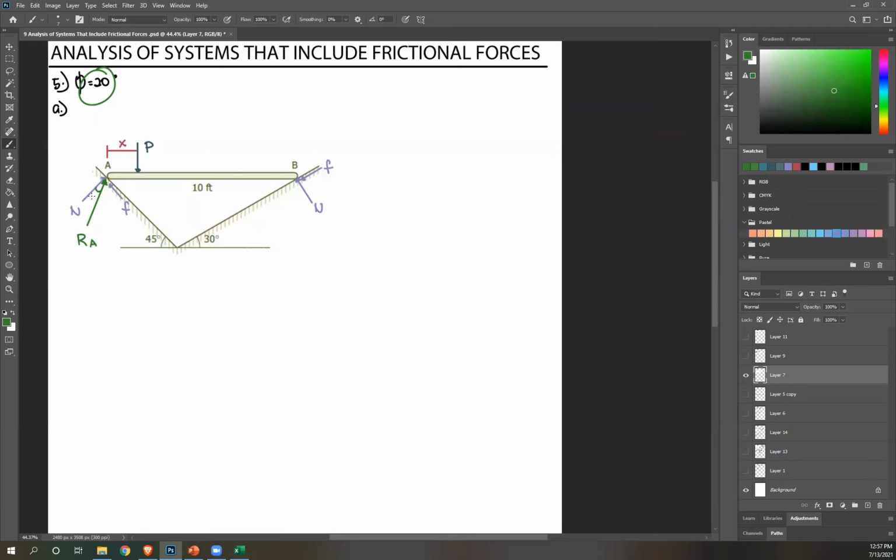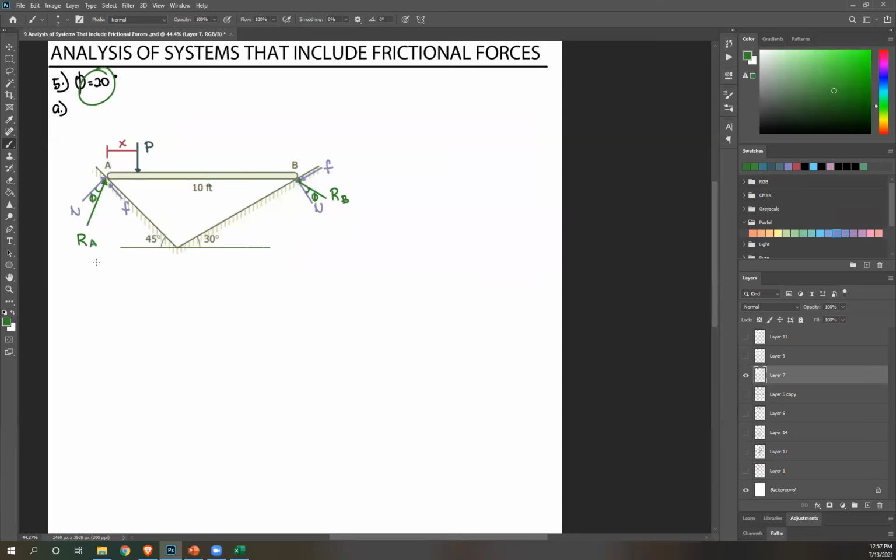This is your phi. Same thing here. RA is a resultant of friction and normal force, always between the two. This is your RB, and then this is your phi. Now we only have three unknowns, right? P, RA, and RB. So you can solve this using the equilibrium equations, summation of moment, Fx and Fy.